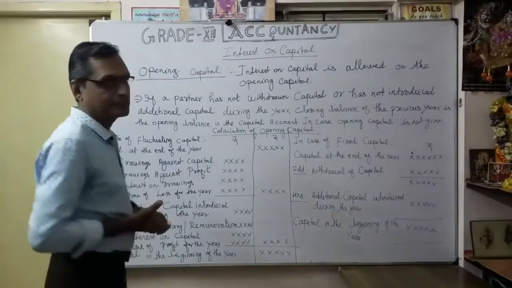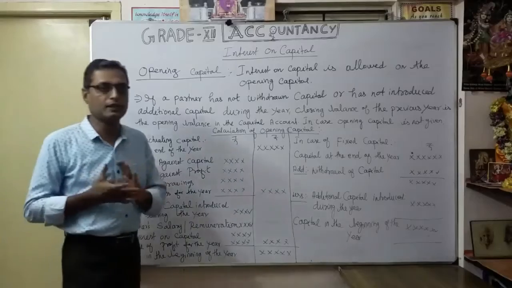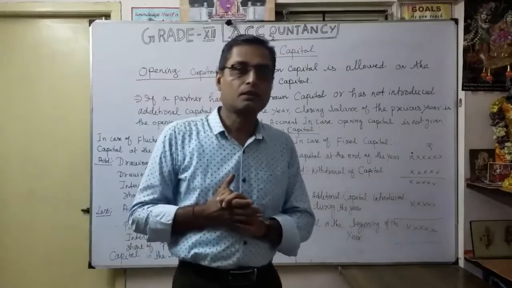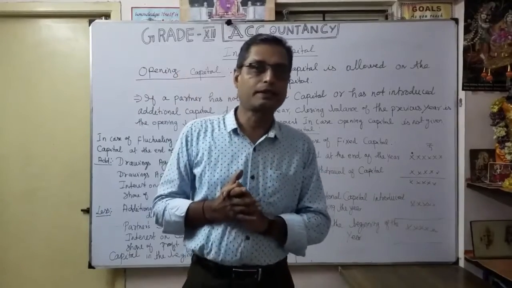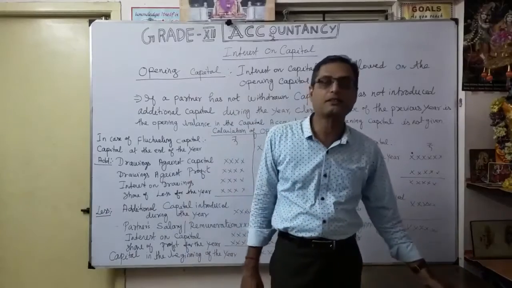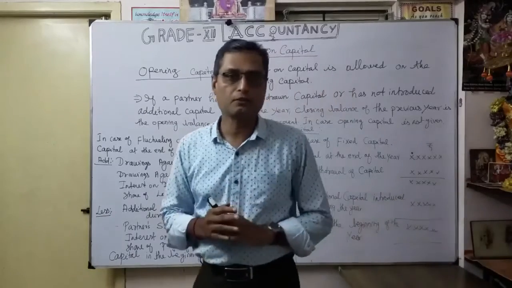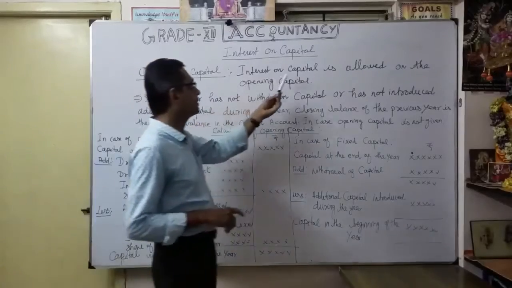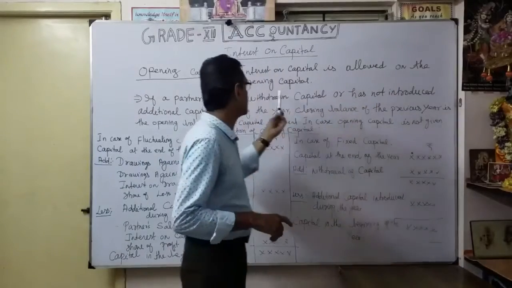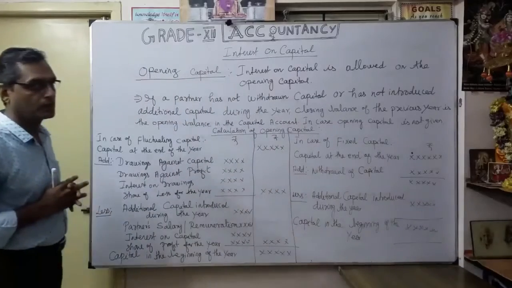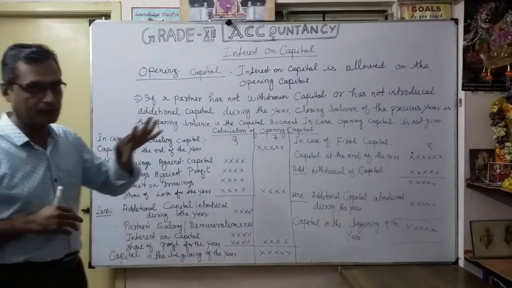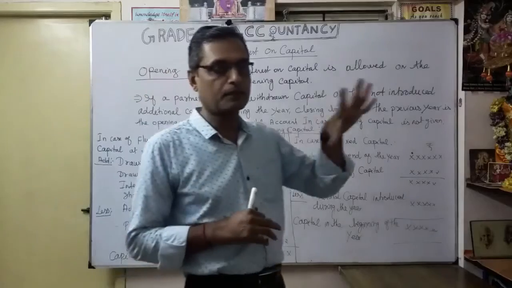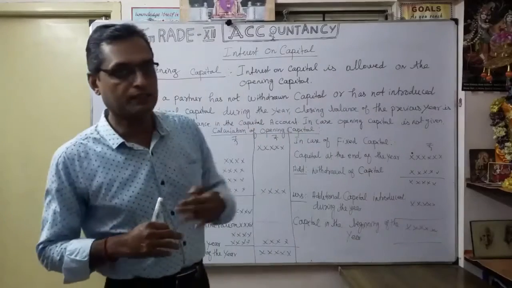So now see the opening capital. As you know very well, interest on capital is calculated based upon opening capital. Suppose opening capital is not given, we are going to calculate it. Interest on capital is always allowed on the opening capital. That means, what is the available capital on the first of April, the start of the accounting period?